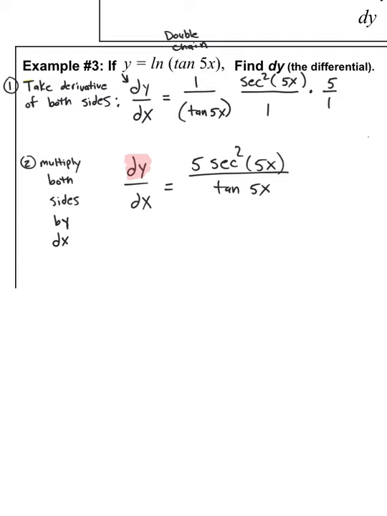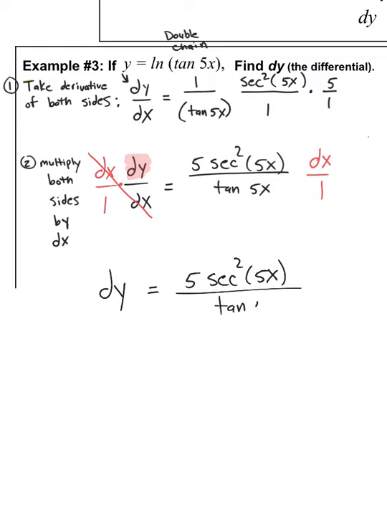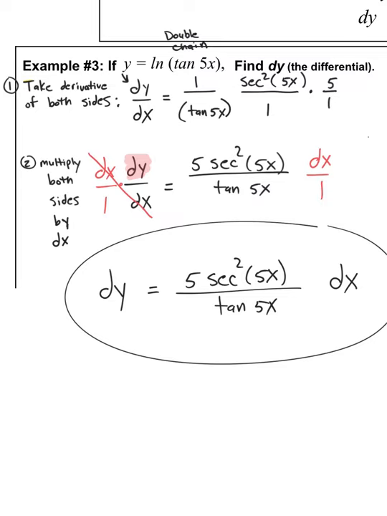These are going to cancel out, and I've got dy by itself. That's my differential, that was my goal. On the right, I just have my derivative function, 5 secant squared of 5x, all over the tangent of 5x, times dx. So there you have it.